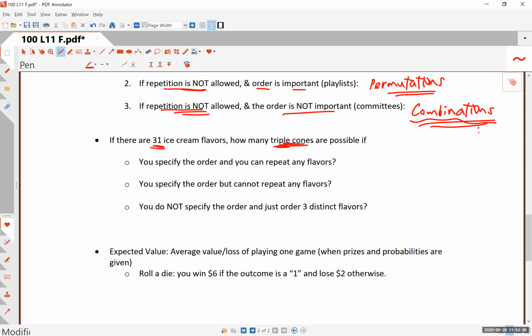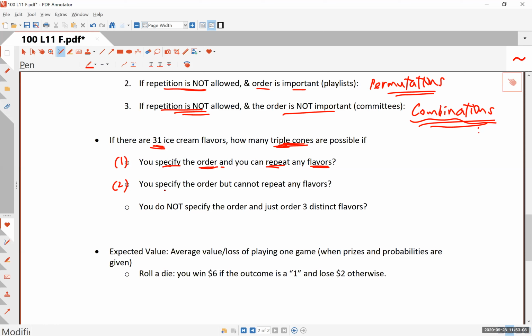How many triple cones are possible if, number 1, you can specify the order and you can repeat any flavors? So you can say, all right, my 3 flavors are chocolate, chocolate, and chocolate, just because I like chocolate. Or I can say chocolate, vanilla, chocolate, but I want the vanilla to be in the middle. That's reasonable, right? So if you can specify the order, and if you can repeat any of these flavors, then how many ways can you choose?